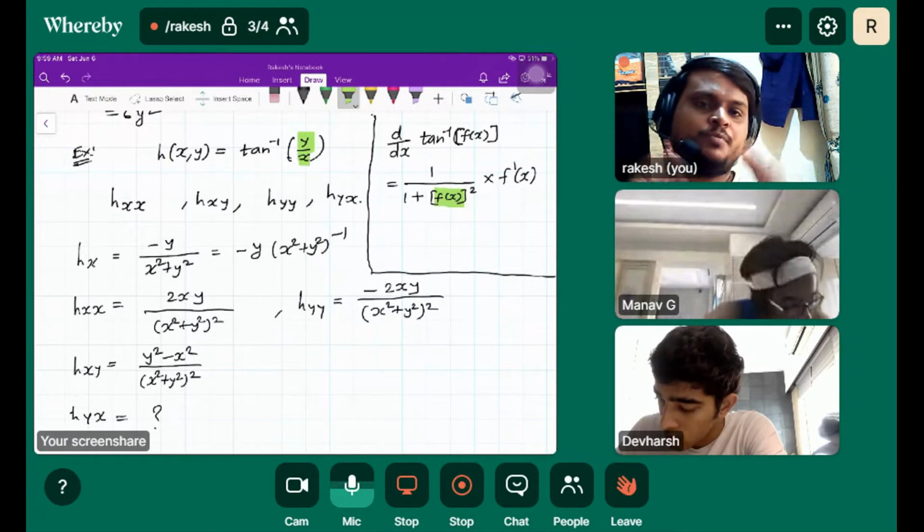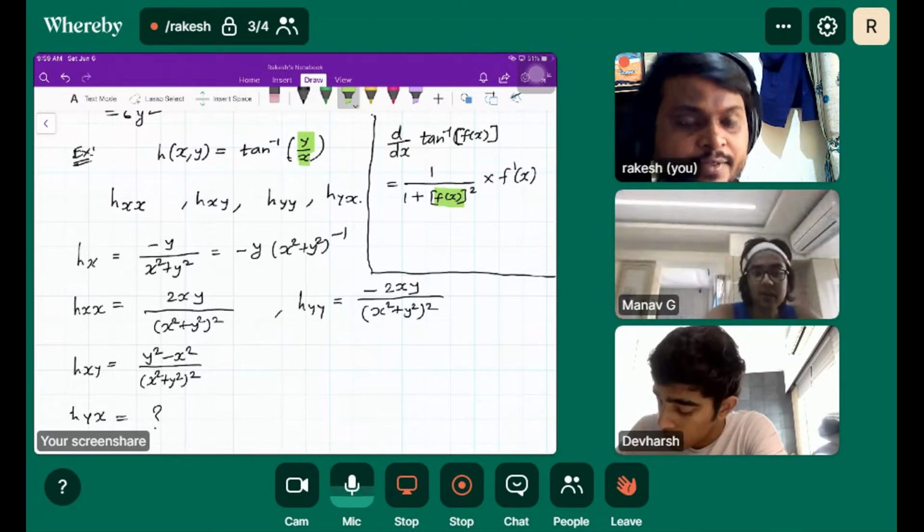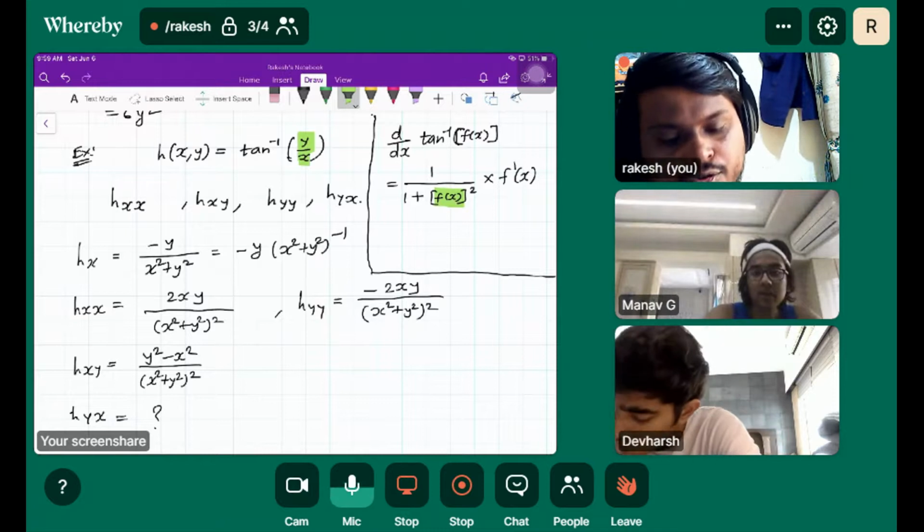Just apply the rule properly what you know. So what about the y part?